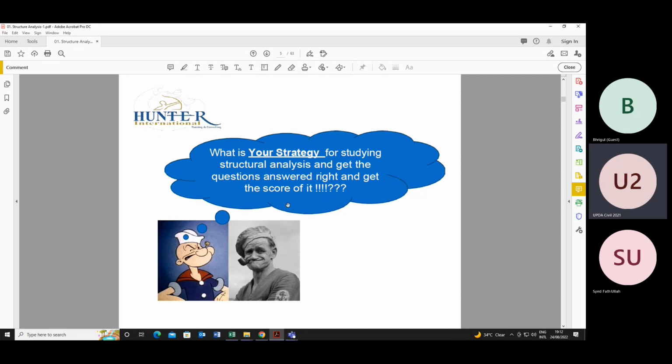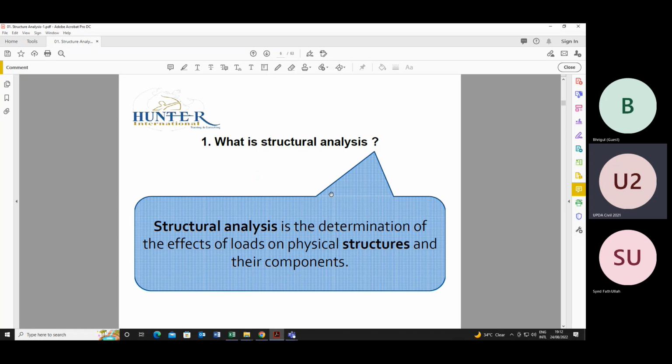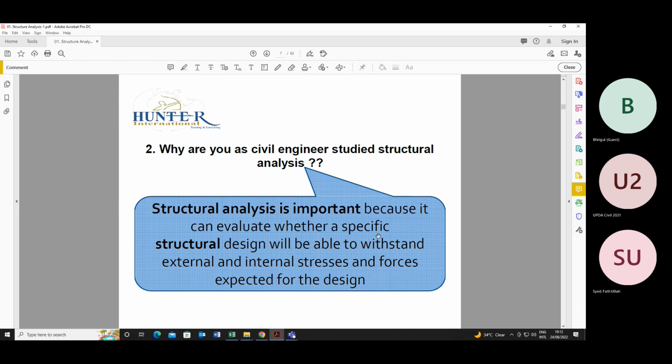So here comes the question: what is structural analysis? Structural analysis is the determination of the effect of loads on physical structures and their components. So it basically determines what the effects of loads on the structure and its components are. Another question comes: why do you, as a civil engineer, study structural analysis?